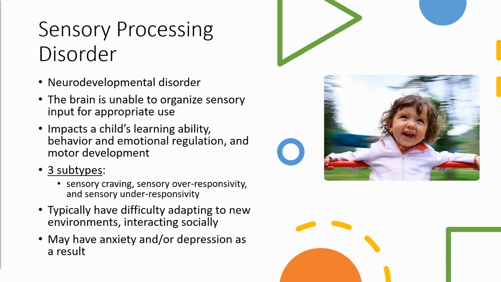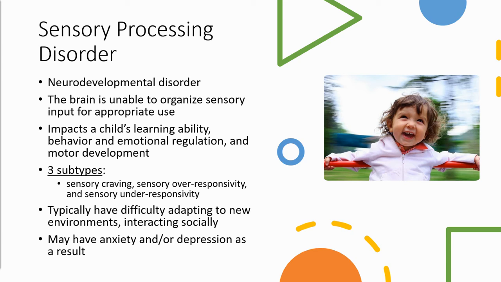Sensory processing disorder is a condition that should be kept in mind with essentially every child that you interact with, whether or not they have the disorder. We all have sensory processing systems that we should work to understand and learn how to regulate. The disorder of sensory processing is a neurodevelopmental disorder in which the brain is unable to organize sensory input for appropriate use.